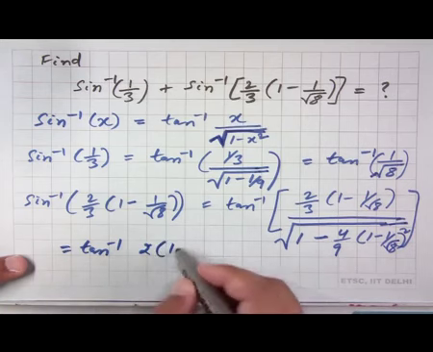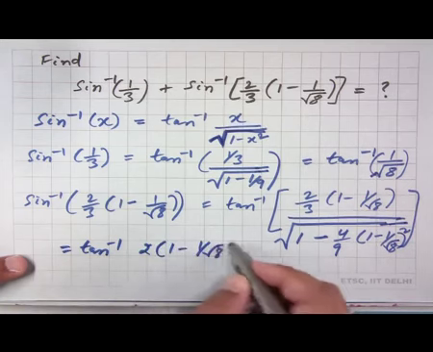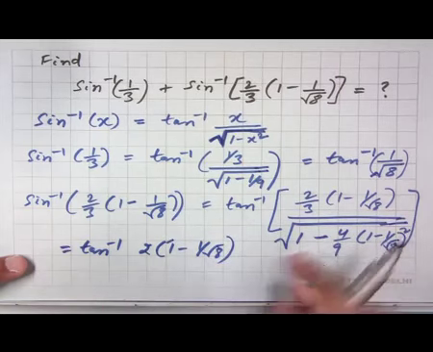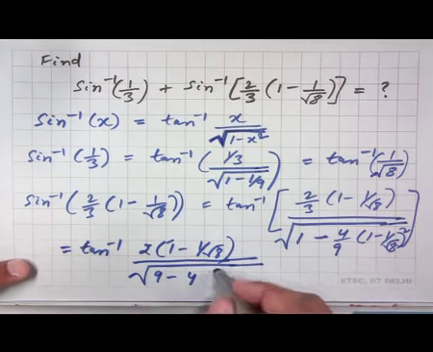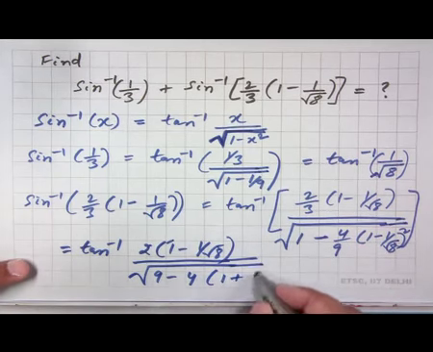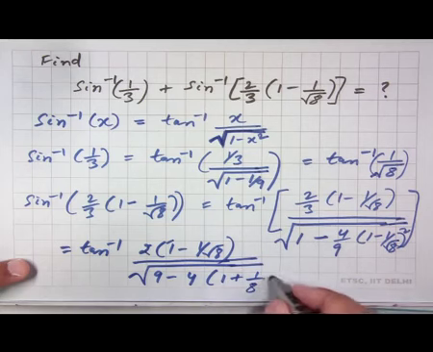2 into 1 minus root 8. So, we will take this 3 down into the square root. So, that becomes 9 minus 4 times the square of this particular term here, which will be 1 plus 1 by 8 minus 2 by square root of 8.